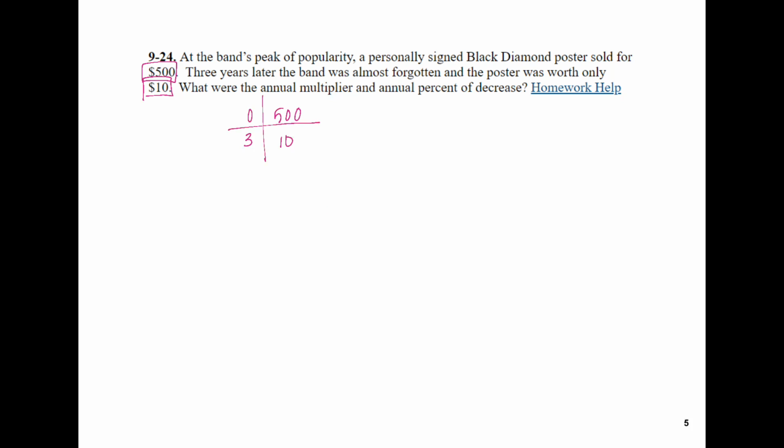So when we write an exponential equation, we use y equals a b to the x power. So in this case, we know that our initial amount, or our a, was $500. We are looking for our b, or our multiplier, and we have an x and a y value from this other ordered pair that we were given. So we can replace our y with 10, we can replace our x with 3, and we can use inverse operations to solve.